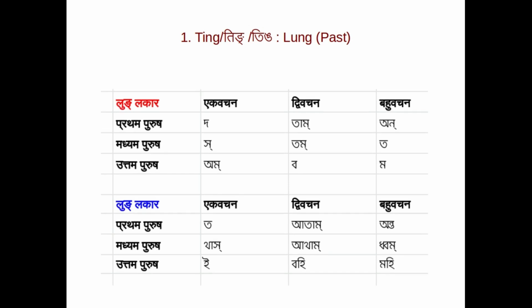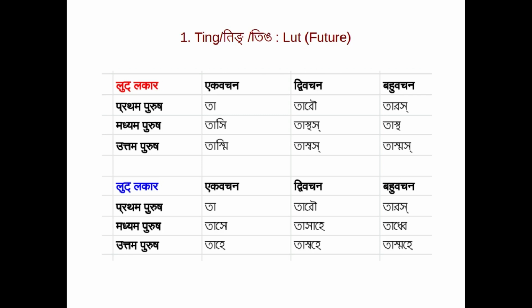For another tense, lung, which is also for past, the ting vibhaktis are the same. For future tense, we have 2 lakaras. One is lut, which for Parasmaipadi is ta tarau taras, tasi tasthas tastha, tasmi tasvas tasmas. For Atmanepadi ta tarau taras, tase tasathe tadhve, tahe tasvahe tasmahe.